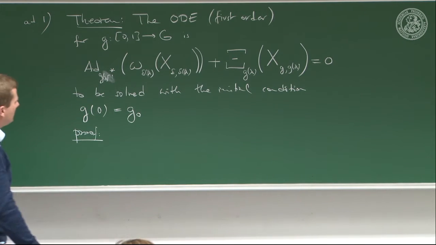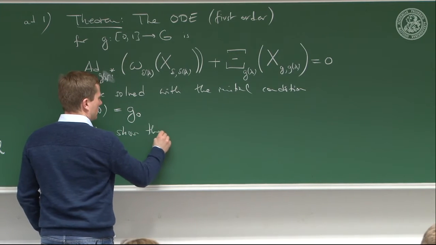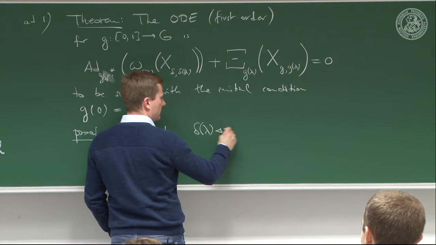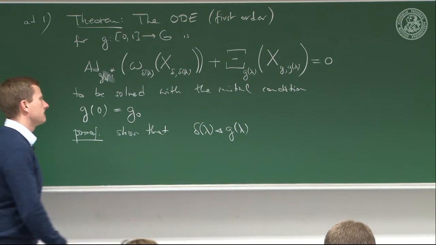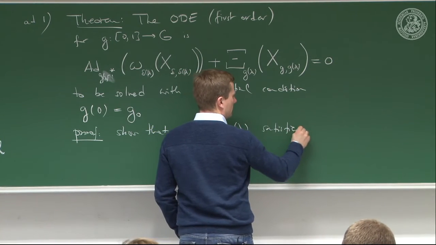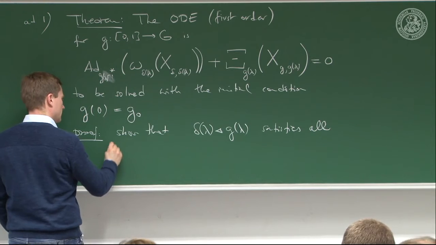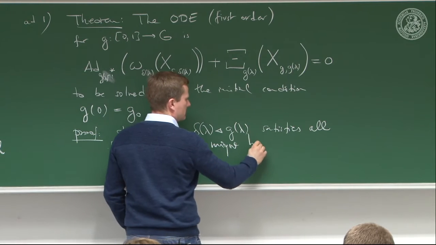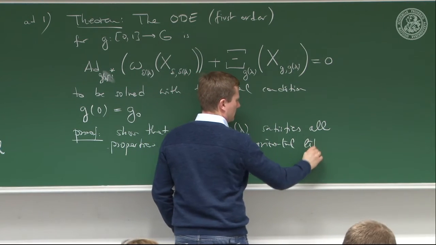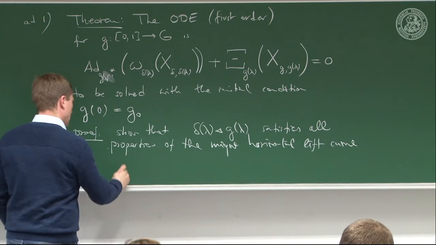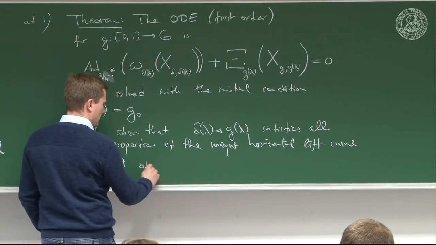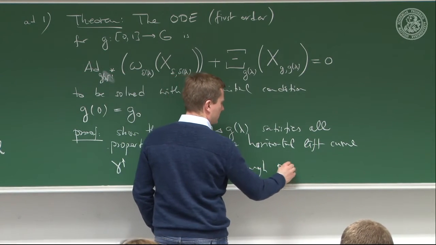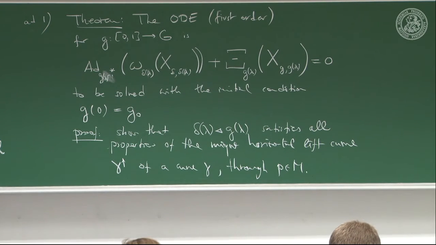And of course, the proof amounts to showing that taking the delta of lambda and acting on it from the right by g of lambda satisfies all properties of the unique horizontal lift curve gamma hat of a curve gamma, where the lifted curve is through the point p in M. And that's the point appearing here.